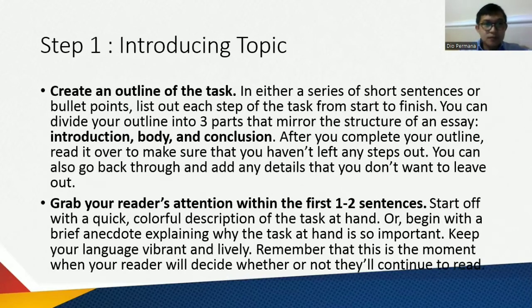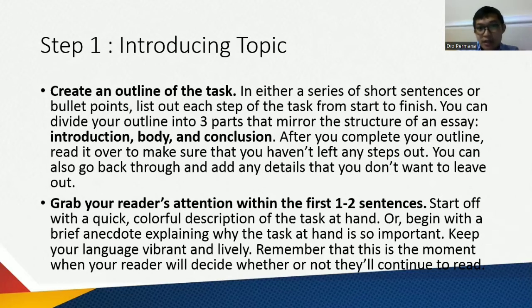Okay. And now, after you have already made the list in the previous activity, you will start to make the first sentence in your procedure process paragraph. First, create an outline of the fact.